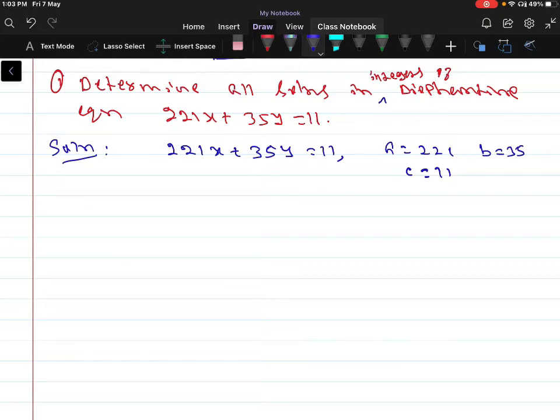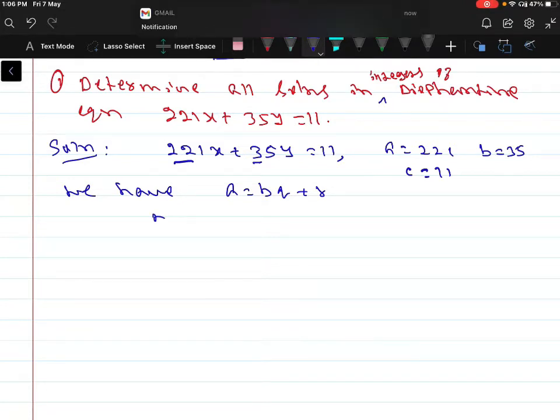To find the solutions of the Diophantine equation, let us first find the greatest common divisor of the integers 221 and 35. To find the GCD of these two integers, let us use the division algorithm method. We have a is equal to bq plus r, where q and r are the quotient and remainder when a is divided by b.